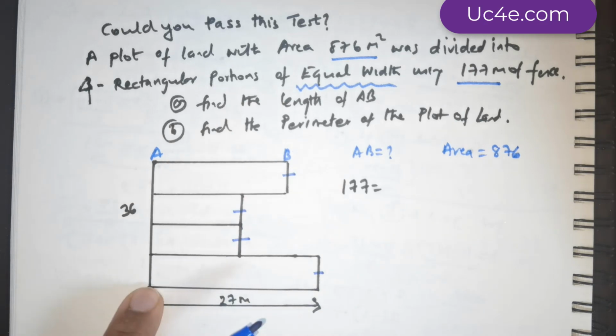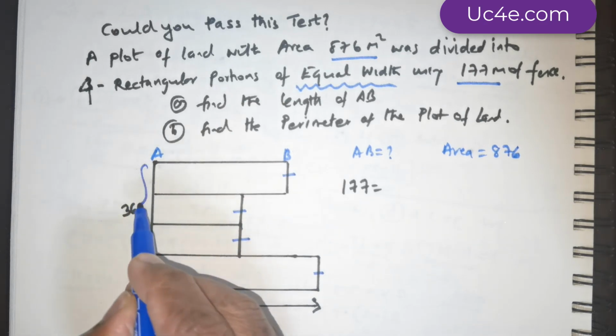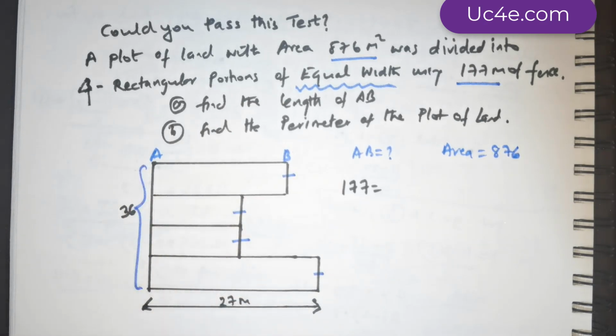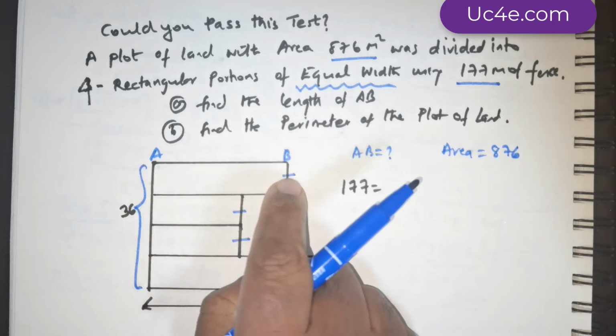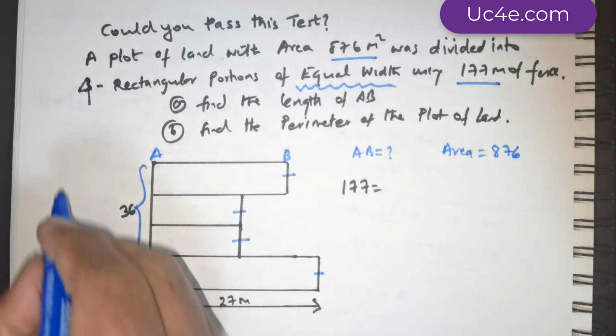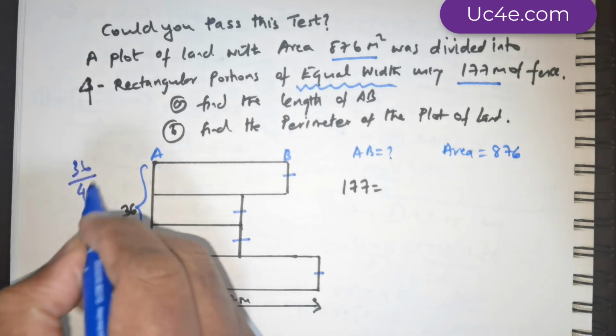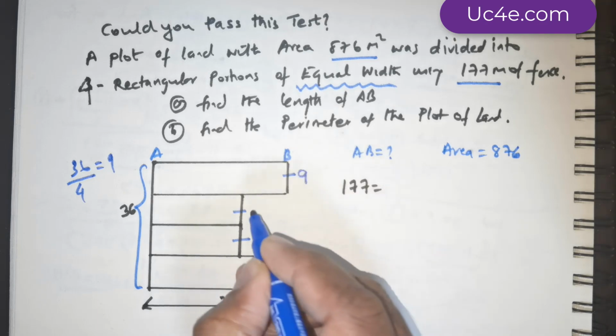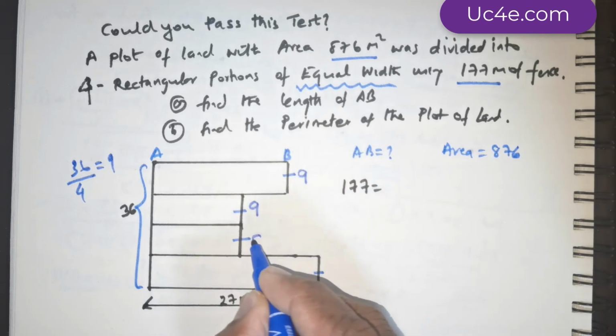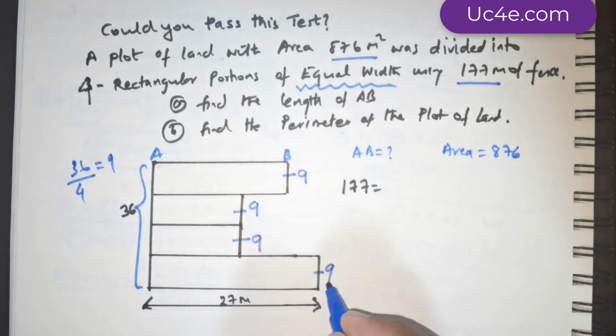But this entire width is given to be 36, and you have 4 rectangles. So 36 divided by 4 is going to give us 9. So this is going to be 9, this is going to be 9, this is going to be 9, and this is going to be 9.